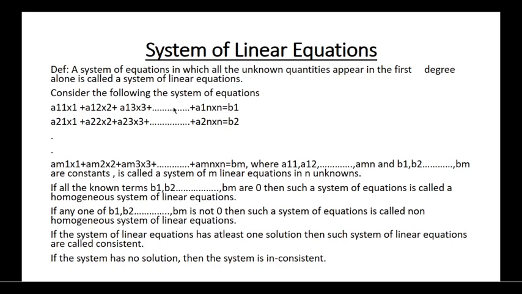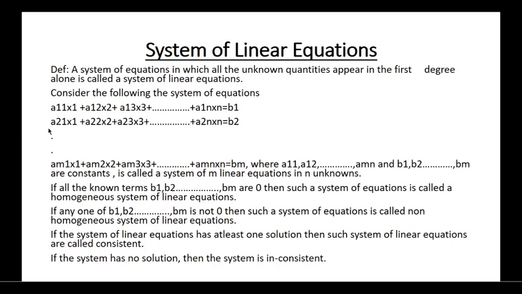Generally, the system of linear equations we can take in the form a11 x1 plus a12 x2 plus a13 x3 plus so on plus a1n xn is equal to b1, a constant.